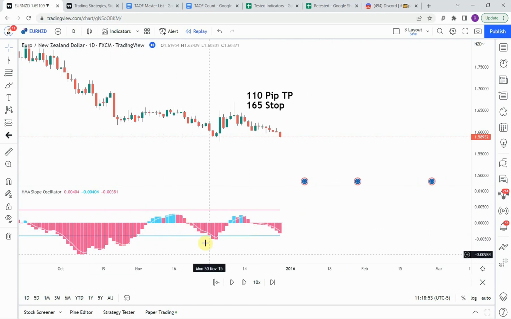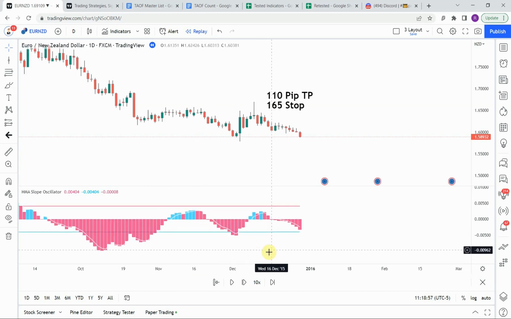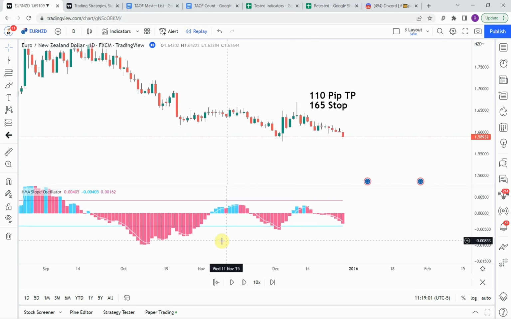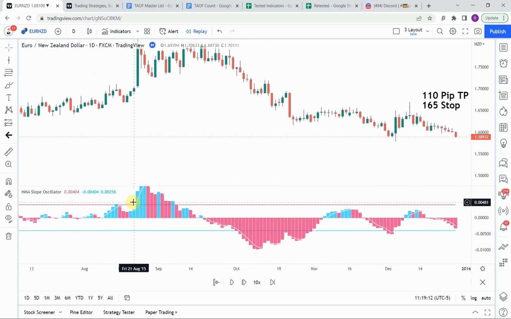What we're looking for is the zero line cross to take place, and it's going to either break to the downside or to the upside. And then we are looking for these columns to break either this lower line here or the upper line here.